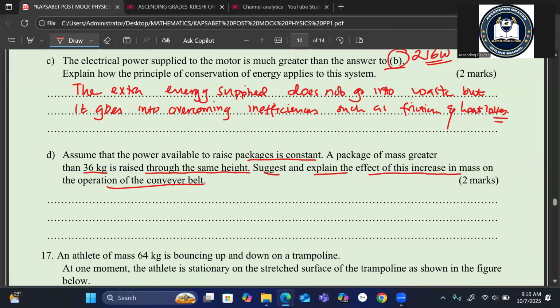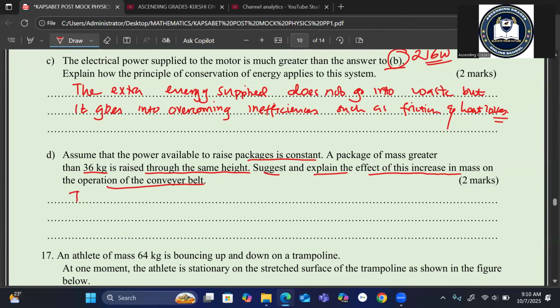The moment we increase the mass, and we maintain the power, it means we are going to increase the time taken to raise it. This is because an increase in the mass or the weight of the load will affect the speed by lowering the movement of the belt.